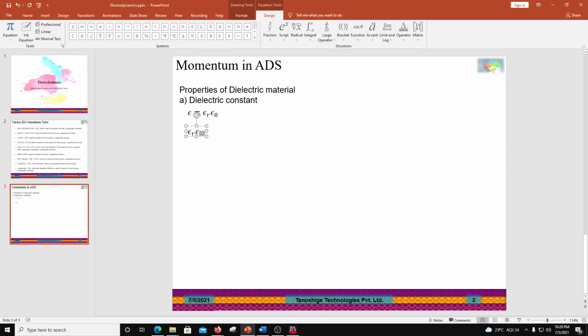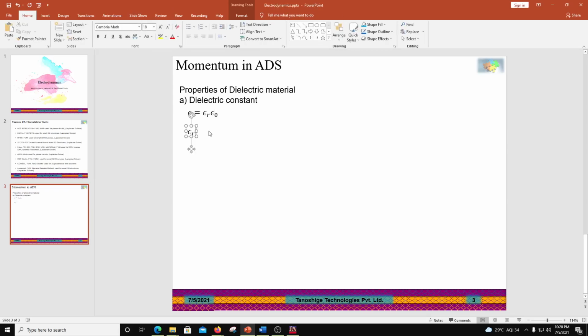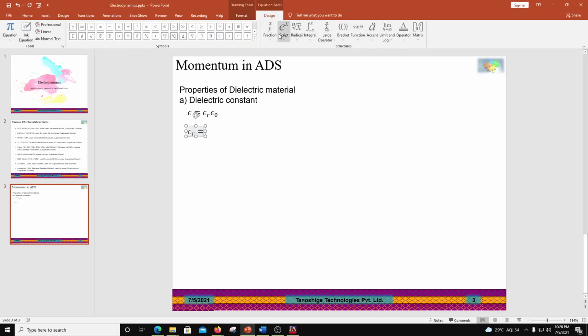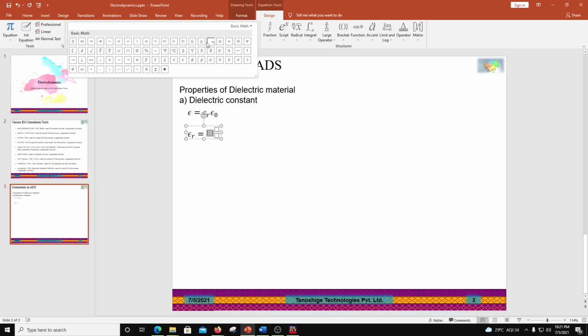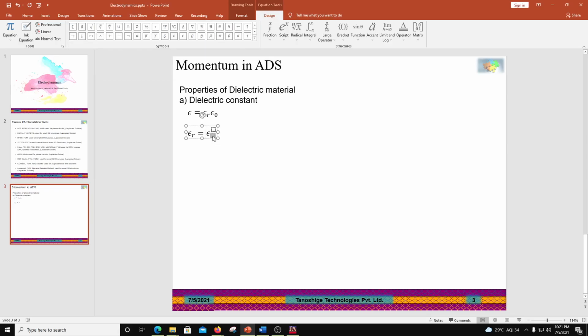Epsilon r can be written as epsilon r dash minus j epsilon r double dash.